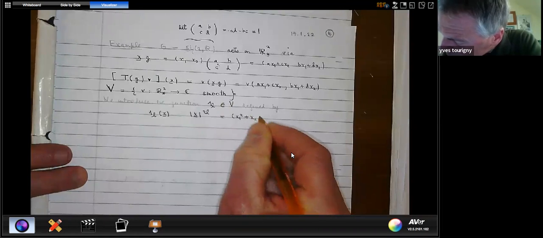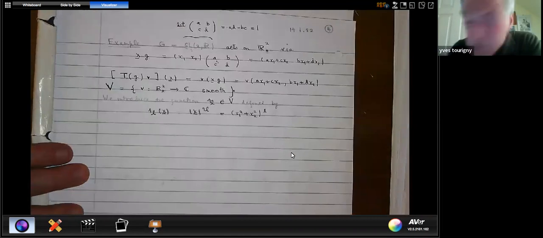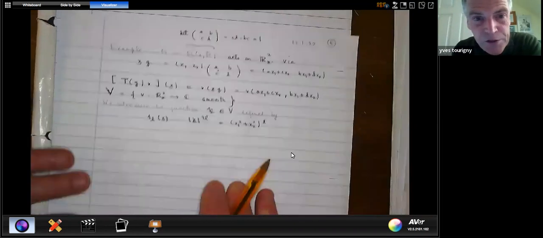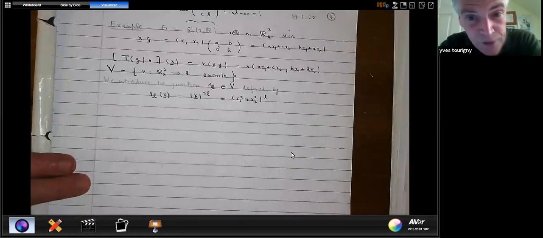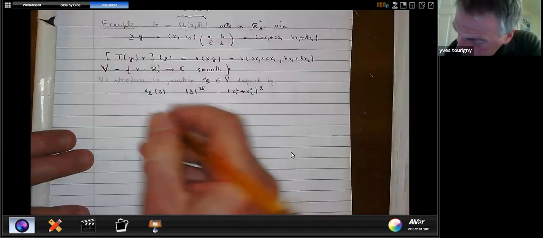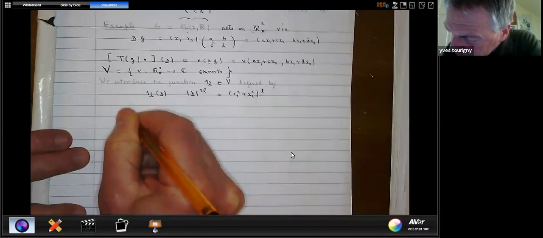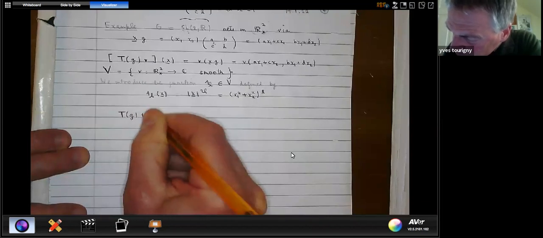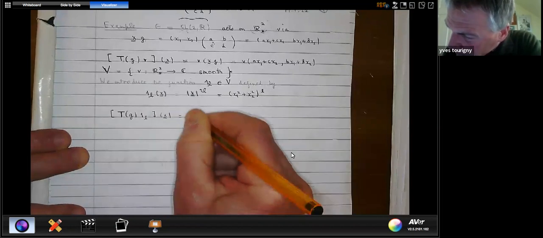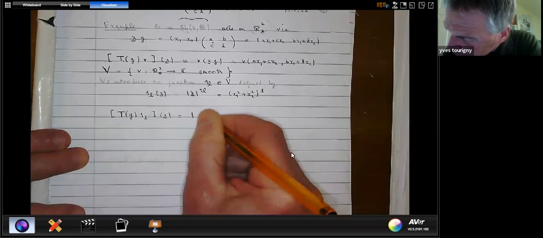It is this function. Okay, so this is a smooth function as long as you remember I've excluded the zero vector. So this is a nice smooth function, so it does belong to this vector space. And let's just see what we get if I apply the representation to it. Well, by definition, this is what we're going to get.